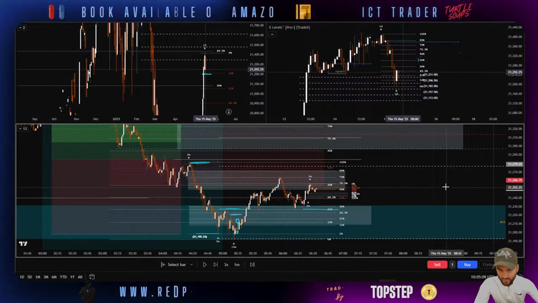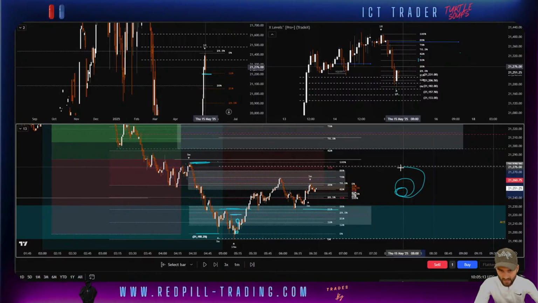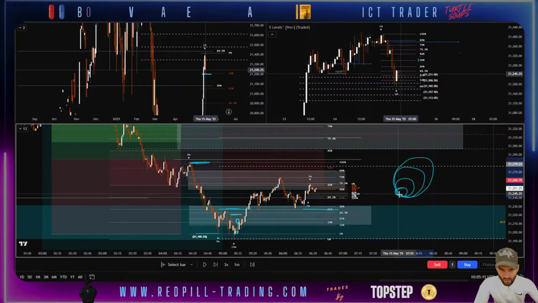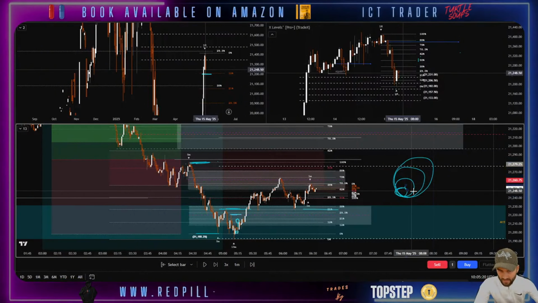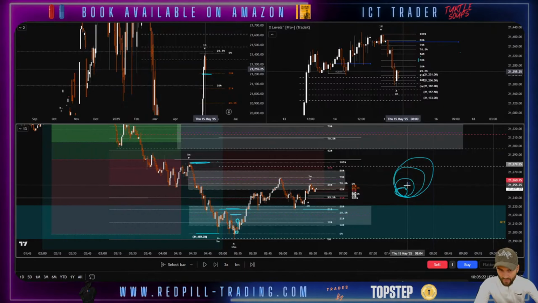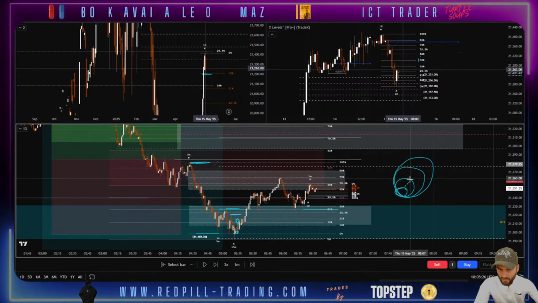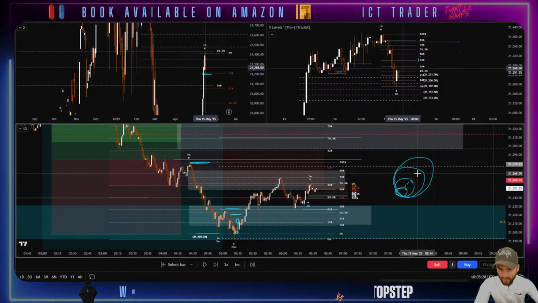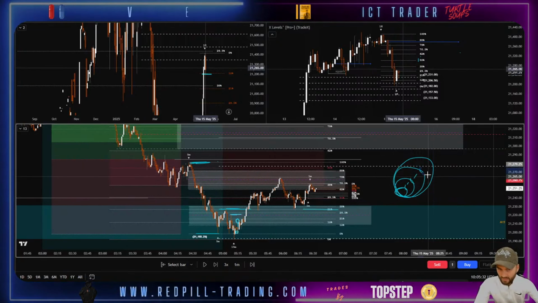So if I just reverse to this, if we're looking at our premium and discount, above here, the 1-minute DR is liquidity. In between the 1 and the 5 is inefficiency. Above the 5 is liquidity. Between the 5 and the 15 is inefficiencies. Above the 15 is liquidity.